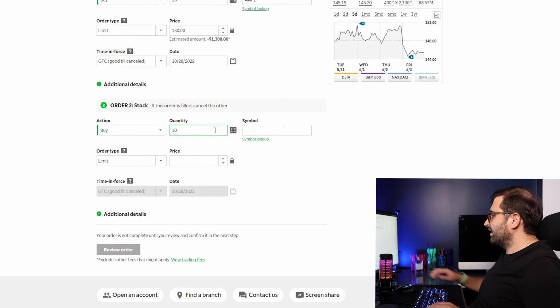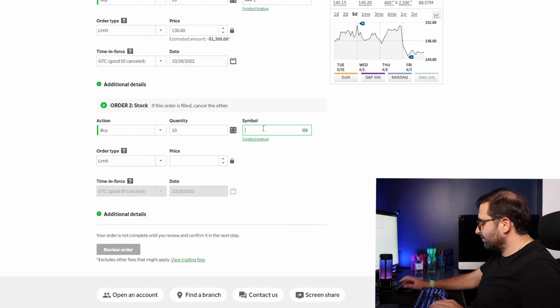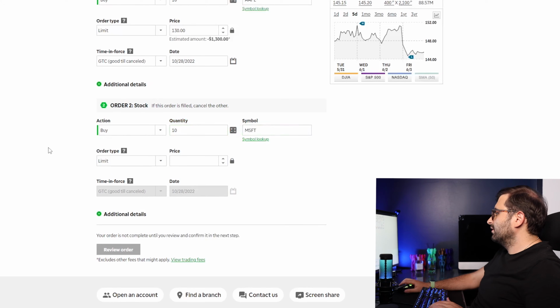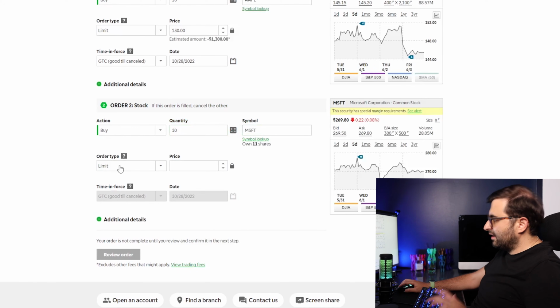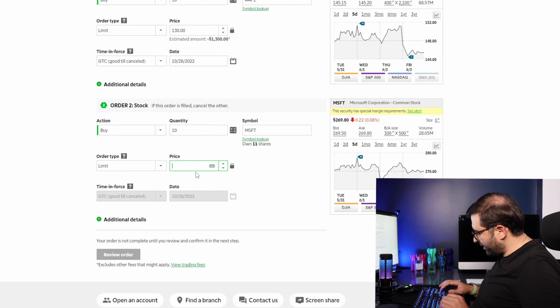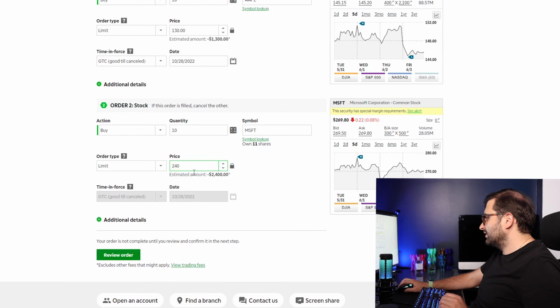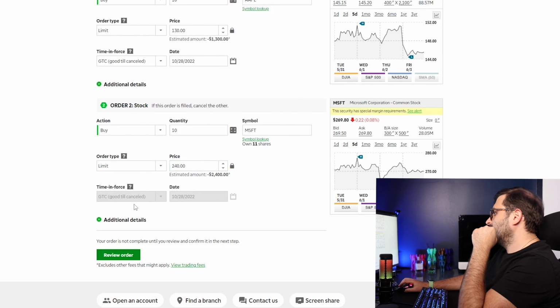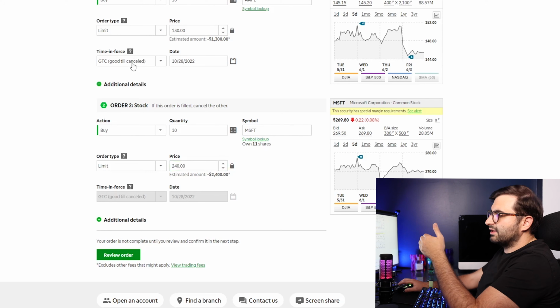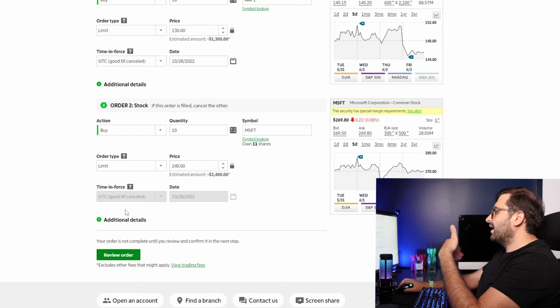And let's say again I would like to buy 10 Microsoft, and again limit order, and the current price is $270, and I would like to buy it from $240. Again good till cancel, because first one is good till cancel, so the second one has to be the same time in force order type.